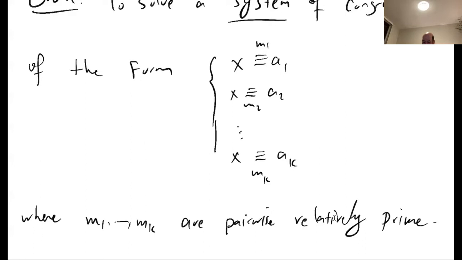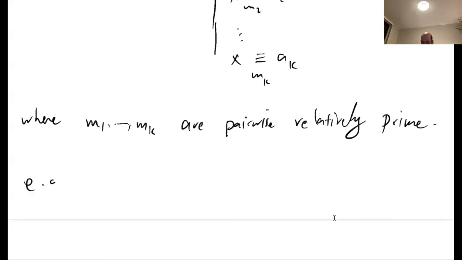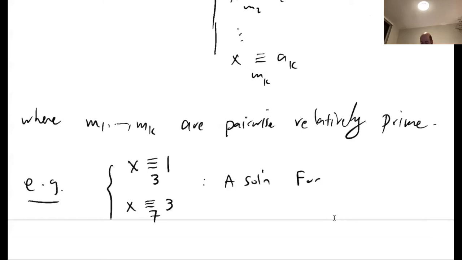Okay, so for example, let's say you want to solve x congruent 1 mod 3 and x congruent 3 mod 7. A solution for this system is x equals 10.